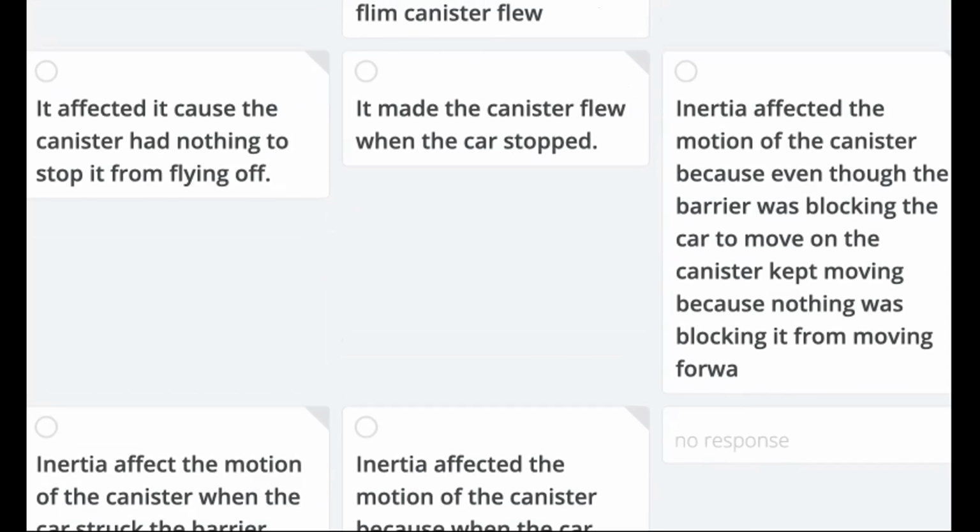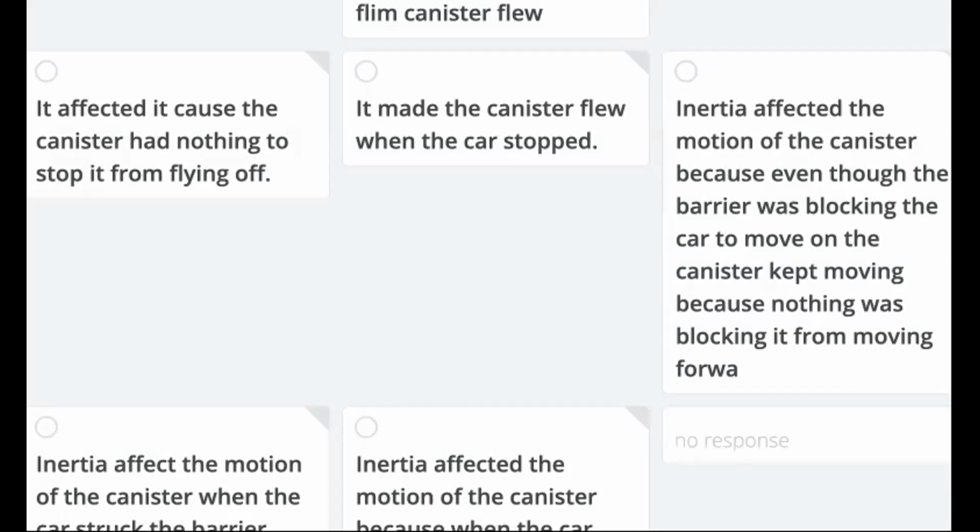The car did not. Let's see if you guys said, even though the barrier was blocking the car to move on, the canister kept moving because there's nothing to block it. The car stopped because it had that block to stop it, but the canister did not. So it just kept going this way.